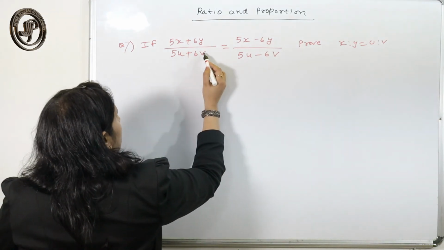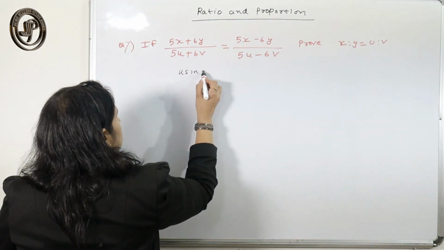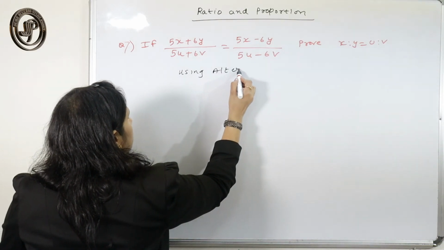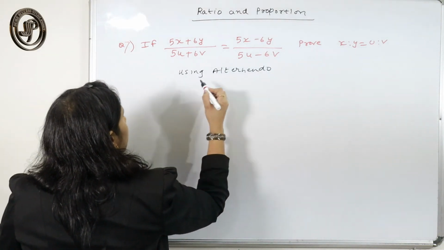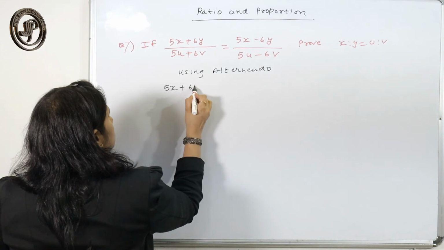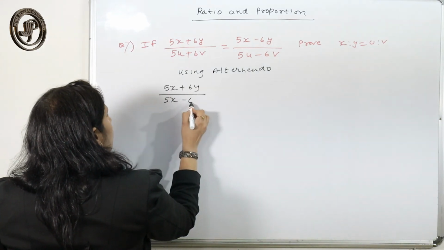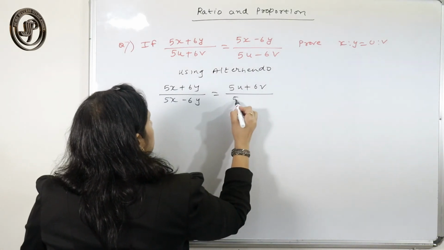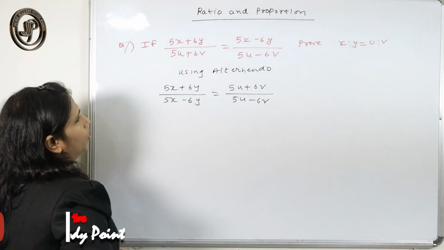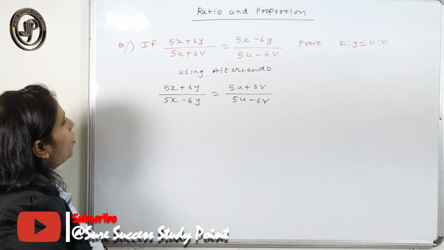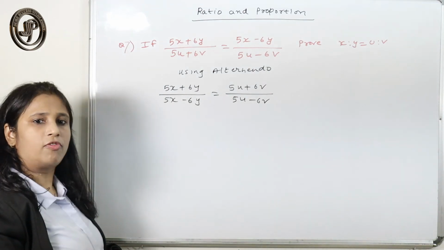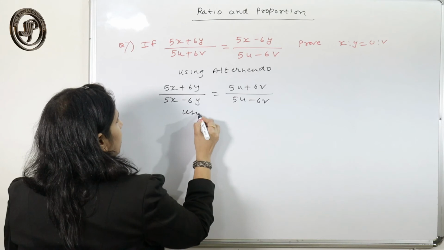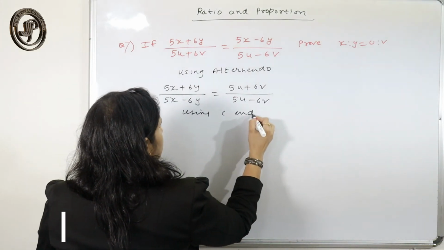But here if you use alternando, all the x and y come on one side and u and v on the other side. Now your question comes in standard form, use C and D. Now it becomes easier.